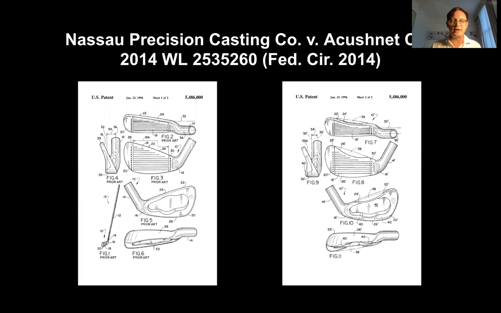Okay, well, let's look at the Nassau v. Acuity case. So Nassau owned a patent over a method of producing golf club heads. Right? Essentially, the idea was that this method was going to produce golf club heads that were more effective at hitting balls longer distances, I presume, by constructing the heads slightly differently, specifically removing material from the top of the golf club head and relocating it to the bottom and middle of the golf club head, thereby imparting more kinetic energy to the golf ball when it's hit, right?